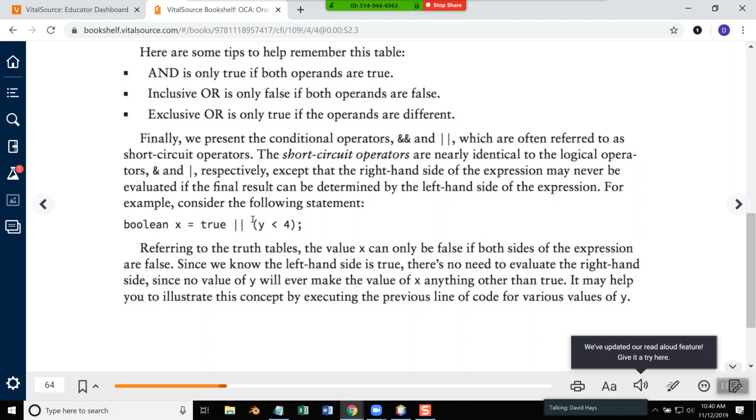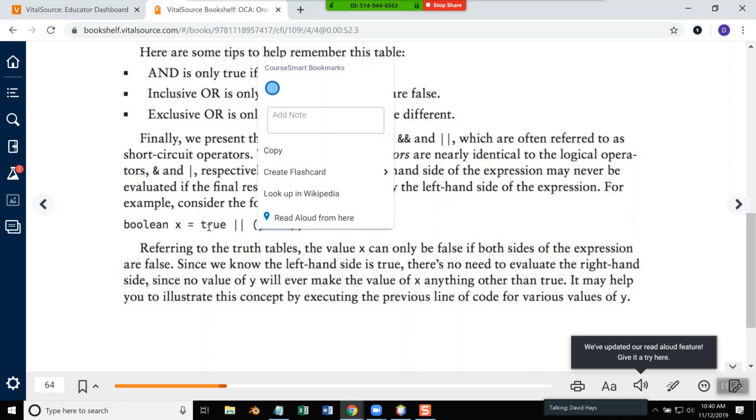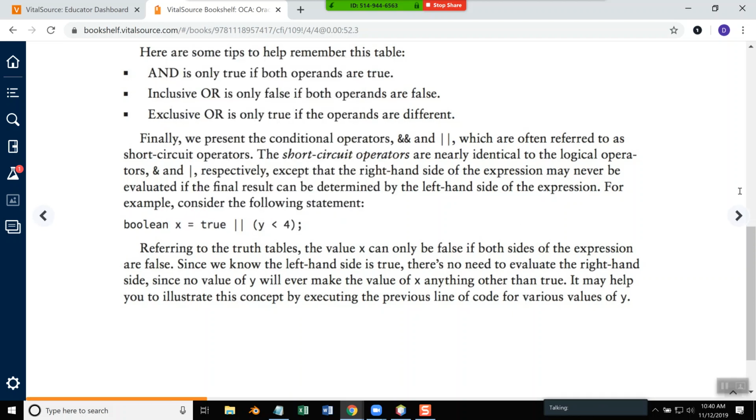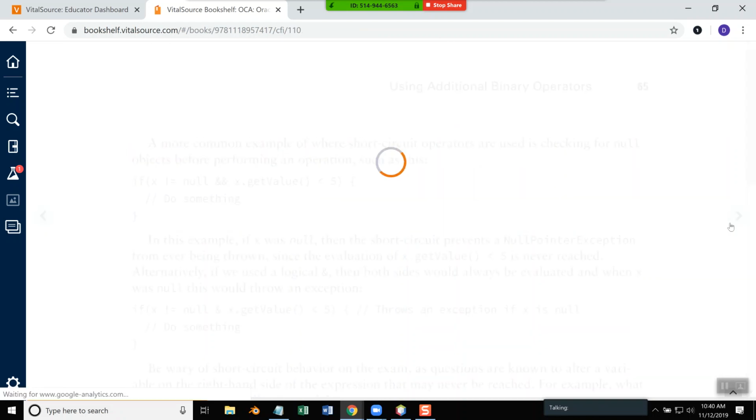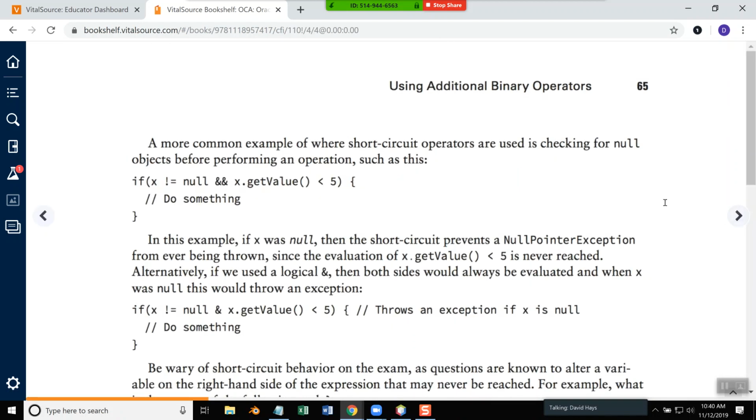So it won't even evaluate this right here, because it doesn't matter what you put in for Y. The or says that if one of them is true, the entire thing's true. So again, short circuit operators. And you see those in most programming languages.